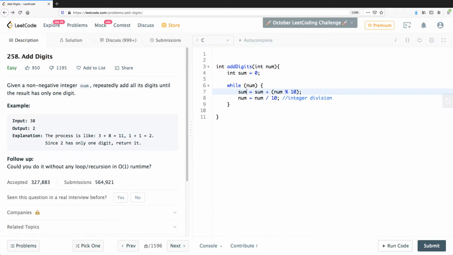So what is the idea? What the problem is asking is, whenever your sum is in single digits, so you say if sum less than 10, we might say break, and here we might say hey, return sum.